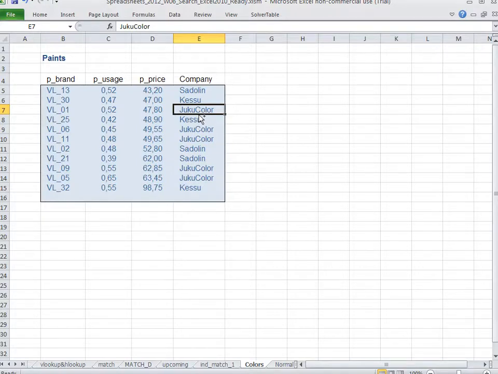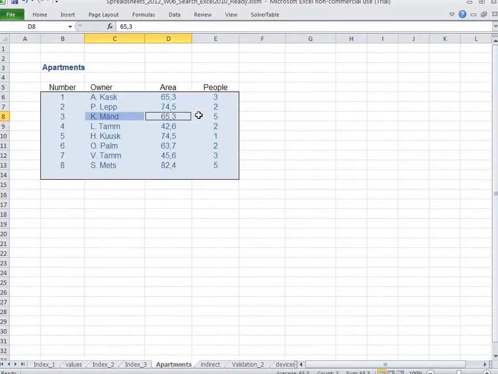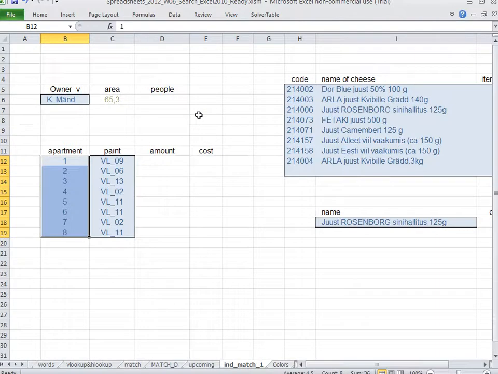And now, with index and match, just the same way we've used VLOOKUP so far, we're going to be pulling these 3 tables together: the owners and apartments table, the paints table, and now the specific table of painting the floors.